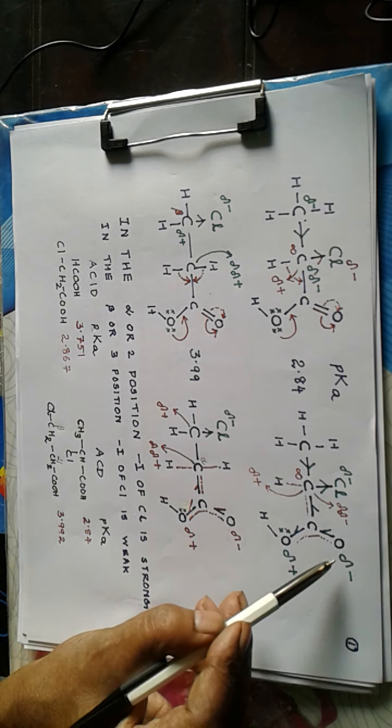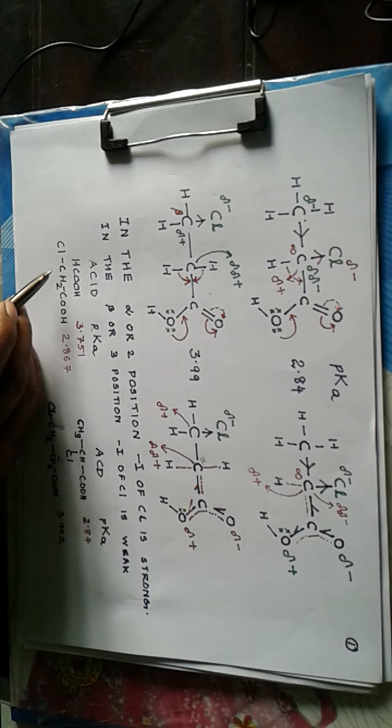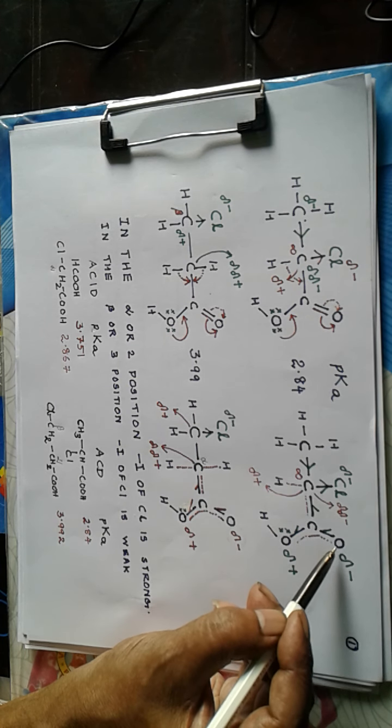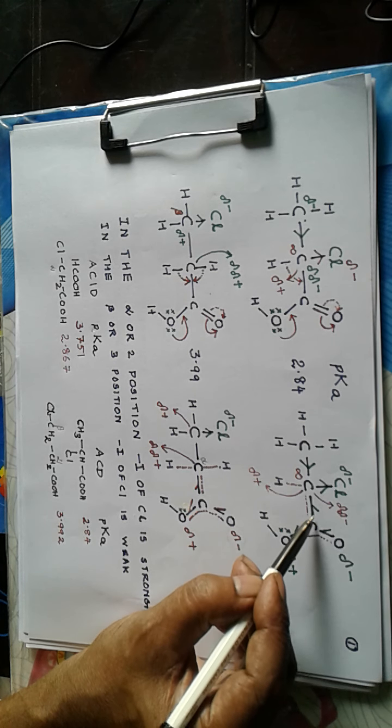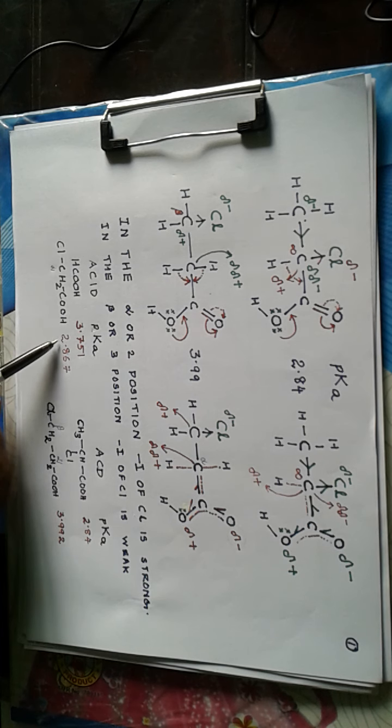So here hyperconjugation actually increases the electron density over the oxygen atom of the CO group, but since the position of chlorine is on the alpha carbon, its strong minus effect will absorb or withdraw the electron density from the negative oxygen towards itself to a major extent, so that its acidity is greater than that of formic acid.